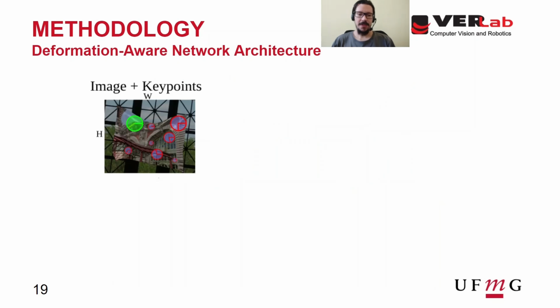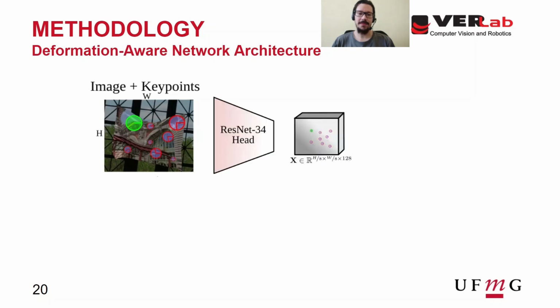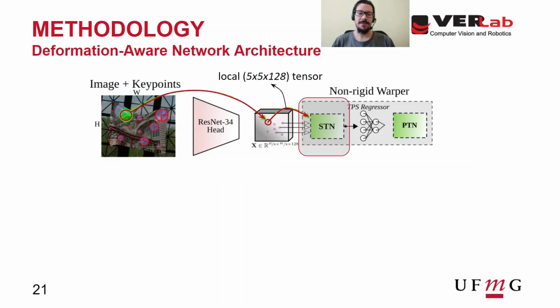Our proposed deformation-aware network architecture takes as input an RGB image plus a set of detected key points. A ResNet34 head is used to extract mid-level features from the input image by reducing its spatial dimensions and increasing the number of channels.